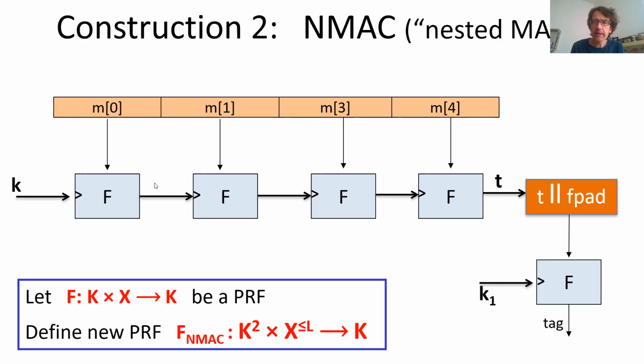But here is something that looks really different from using a block cipher for encryption purposes. I use a block cipher on the first message with the key. I take the output and I use it as a key in the next application of the block cipher.